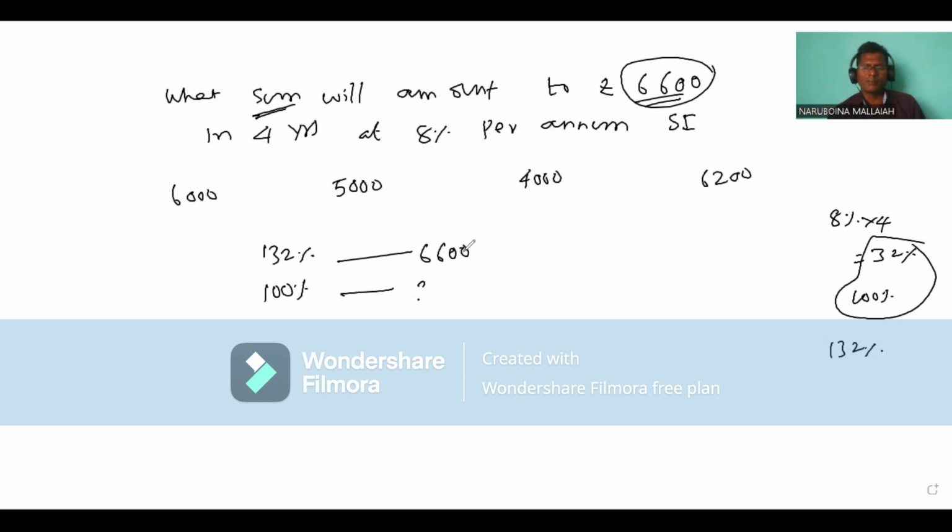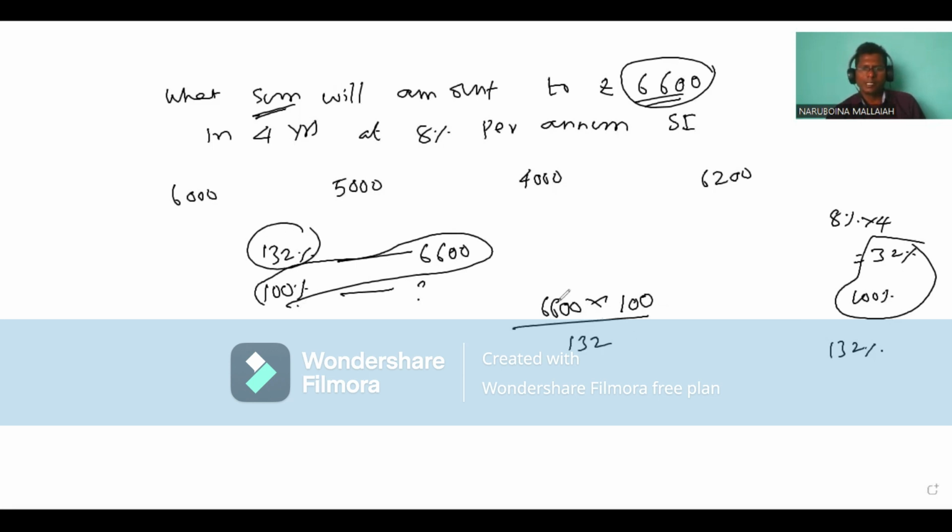So if 132% value is 6,600, then what is the 100% value? The answer must be less than this. 6,600 into 100: write the diagonal elements in the numerator and this number in the denominator. These are in the 11 table. 11 6s are 66, 11 5s are 55. Here 1 zero, here 2 zeros. So the answer will be 5,000. So this will be our correct answer.